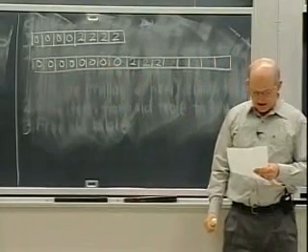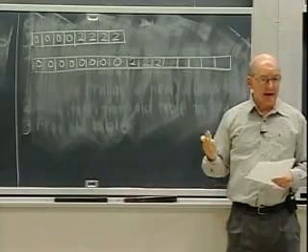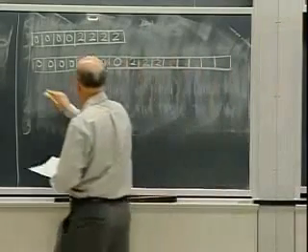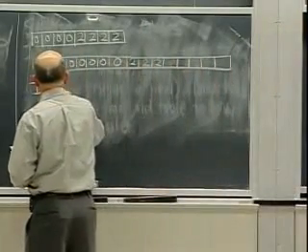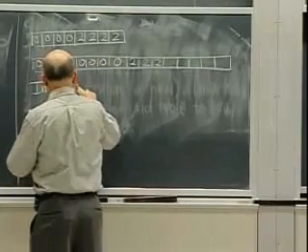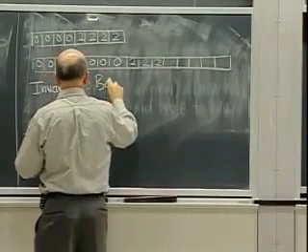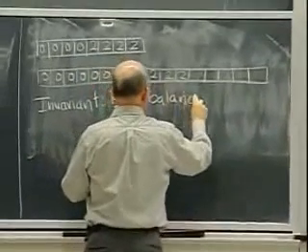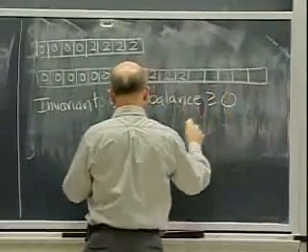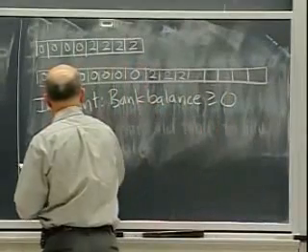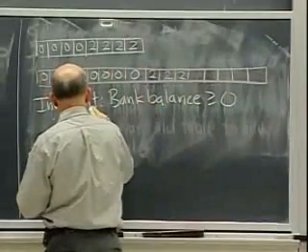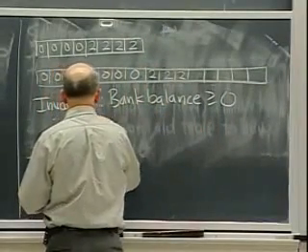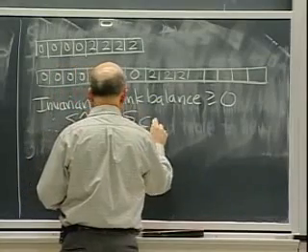Okay? And it's the case that the bank balance never goes negative. So that's really important invariant to verify. And so therefore, the sum of the true costs, or the amortized costs, upper bound the sum of the true costs.